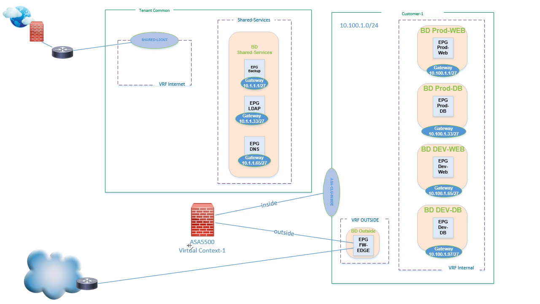Regarding IP addressing, we have the IP addressing squared away for shared services, for the customer bridge domains. So what am I missing here? Okay, so we're going to need some IP addressing for the firewall. We're going to use the 10.100 because this firewall is going to be for the customer. Let's IP it as the customer. So we're going to use 10.100.1.240/29.